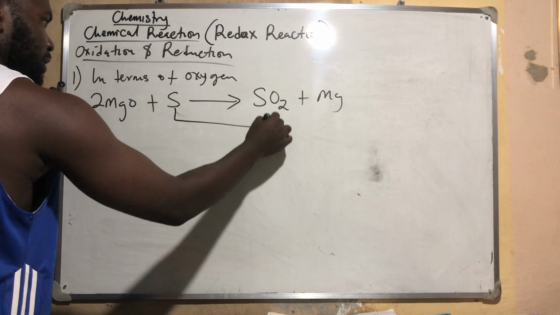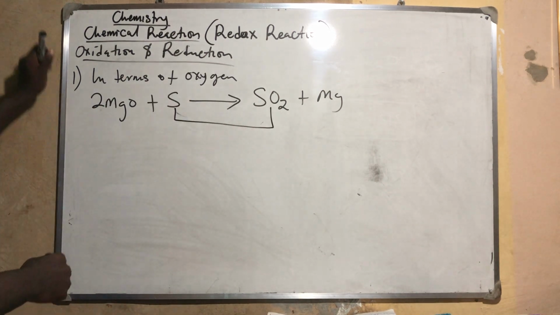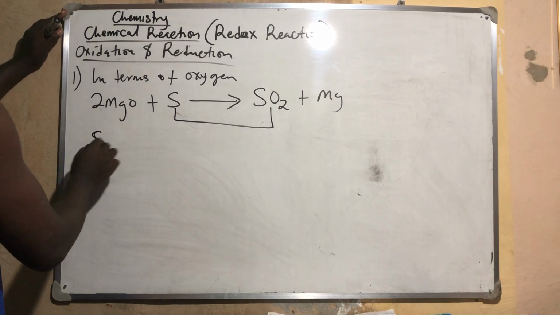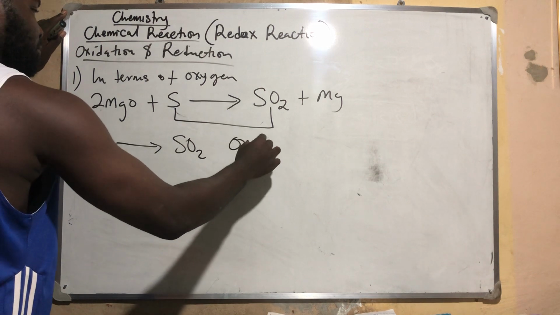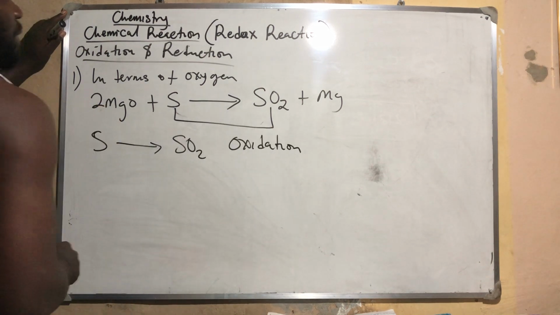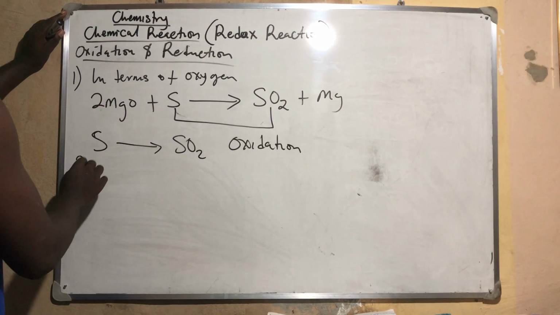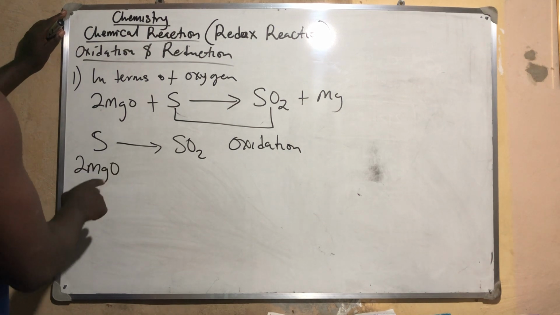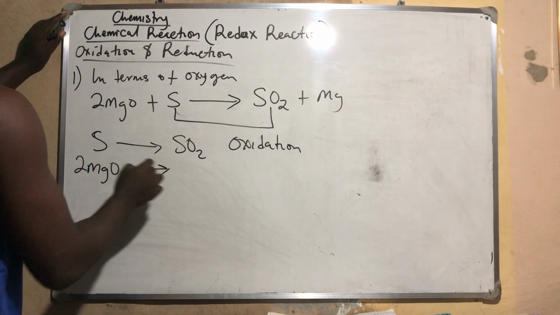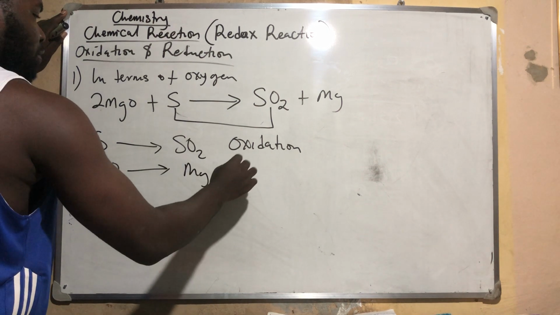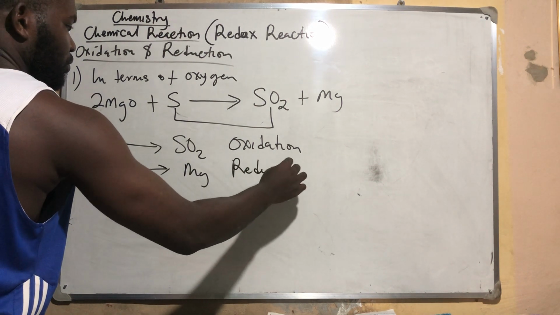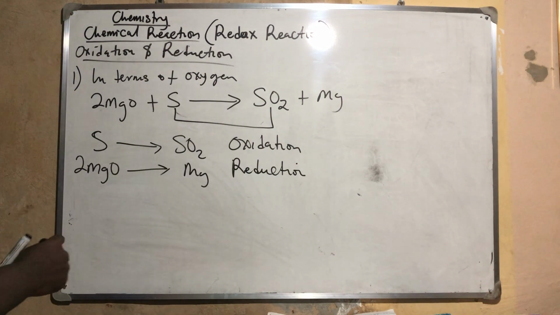Then oxygen is added, so S to give us SO2 means oxidation. Then 2MgO, which has oxygen before, loses the oxygen to become Mg, and that is what gave us reduction. As simple as that.